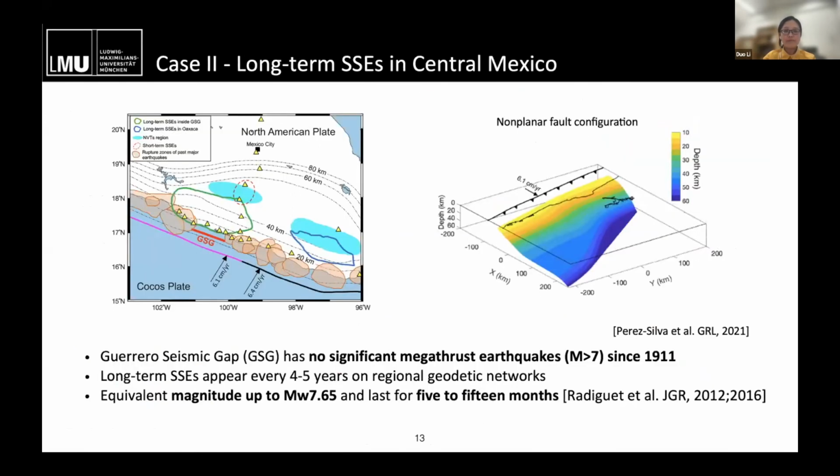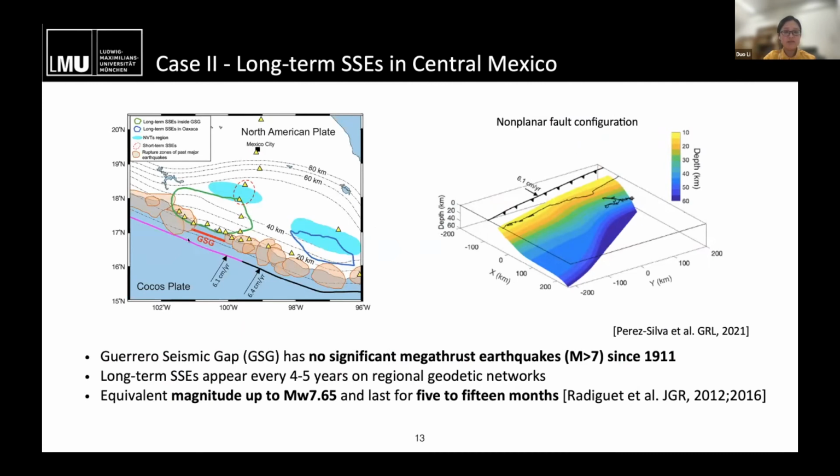So we built a similar model for the central Mexican subduction zone. We are interested in this region because you see here there are some historical magnitude 7 and above earthquakes along the whole trench, but there is a 100 kilometer long segment that has no significant earthquake since 1911.